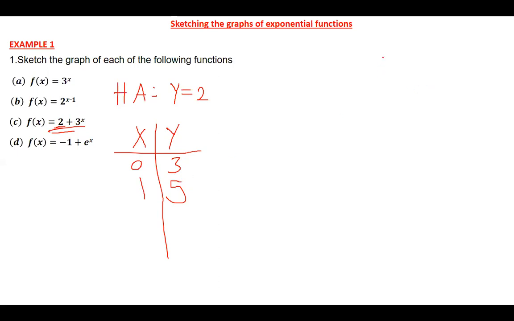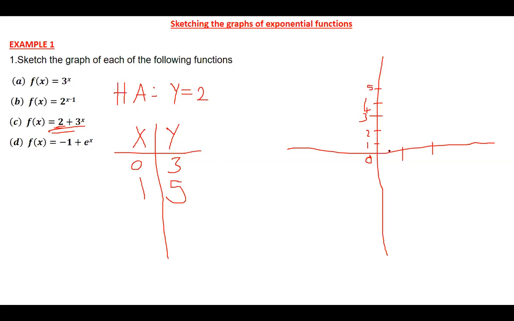So from there, we now do the sketching. We have on our positives 1, 2, and on the vertical axis 1, 2, 3, 4, 5.